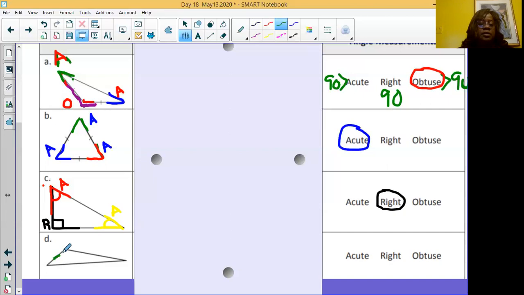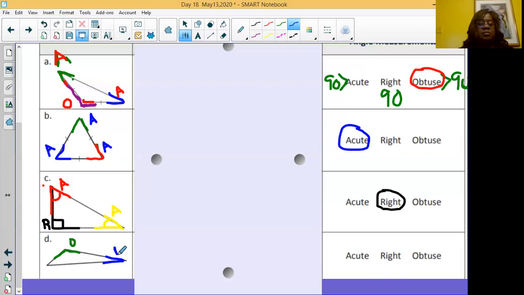Right here, what kind of angle is that? You're right. It is an obtuse angle. Okay. You have another angle right here. What type of angle is that?